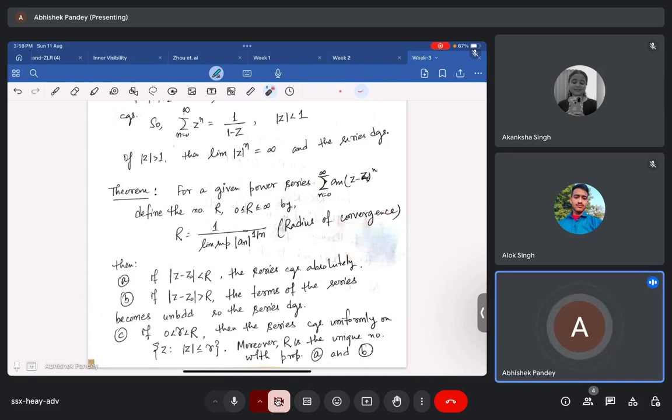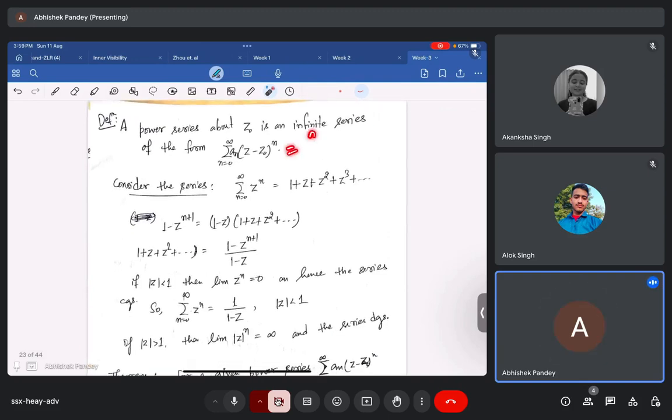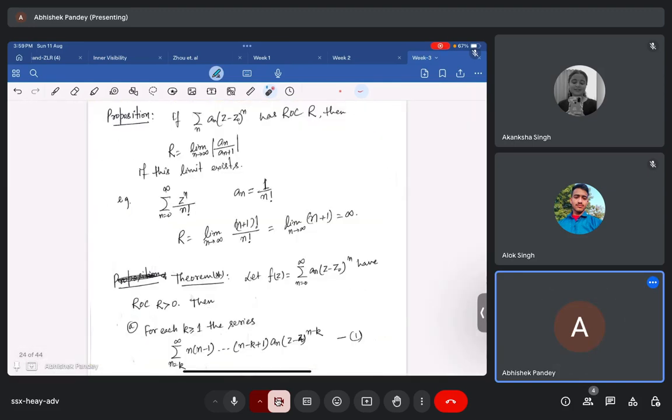And if you take any small r less than capital R, this series converges uniformly. Uniform convergence you guys know. You just take this series as f of z, and then study the uniform convergence of this function f of z.